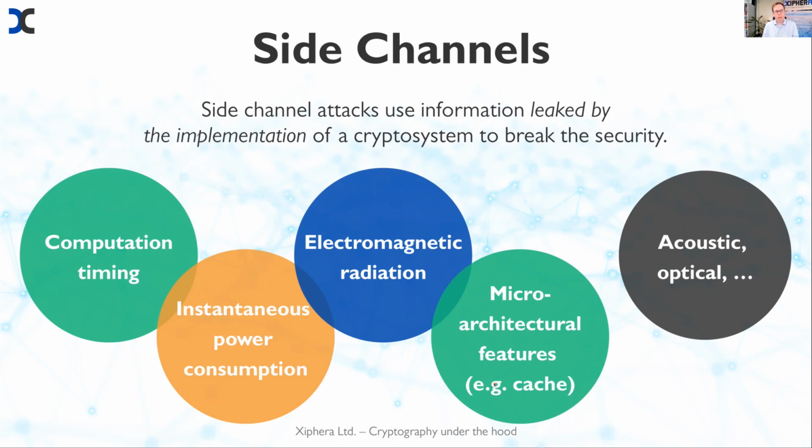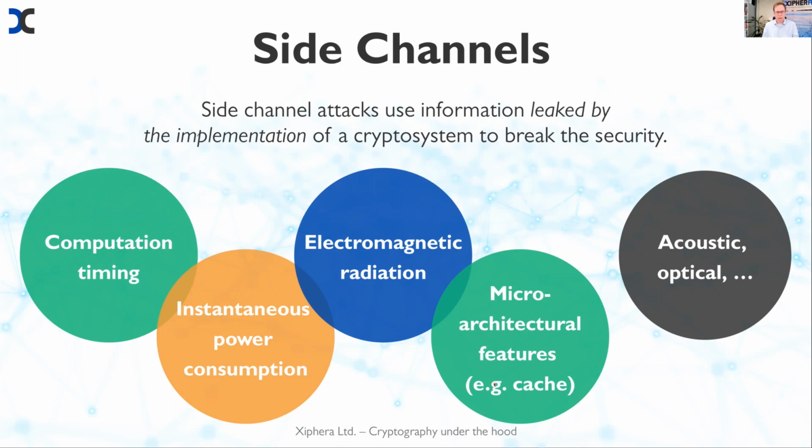And side channels could be, for example, computation timing, instantaneous power consumption or electromagnetic radiation, or maybe some microarchitectural features of a processor that runs the ECC implementation, such as cache delays, for example. There are also some exotic side channels such as sound, but we don't consider them further in this talk.